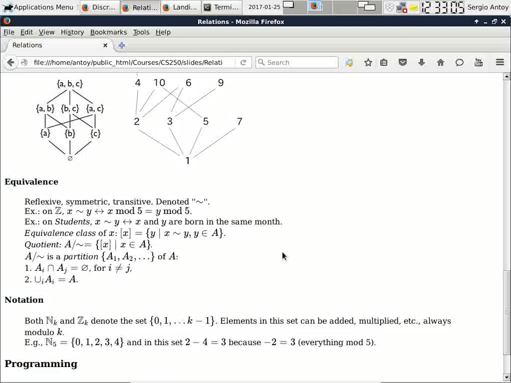Why do we study equivalence? If I ask you if 2 plus 2 is equal to 4, what would you say? You would say yes up to this point, right?